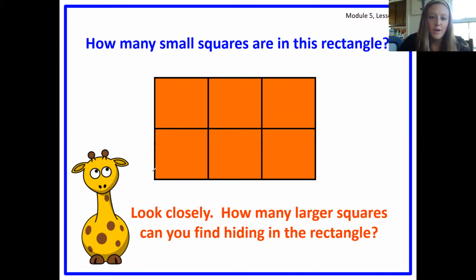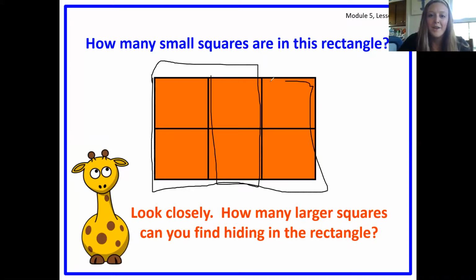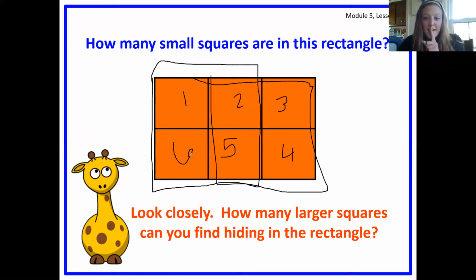I can see 1, and 2, plus 1, 2, 3, 4, 5, and 6 squares that are already the small ones in there. But there's only the 1, 2 bigger squares that we were able to make, right? Because squares have all of the sides equal length, right? Awesome.